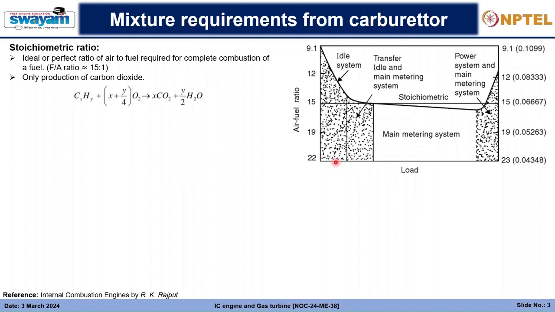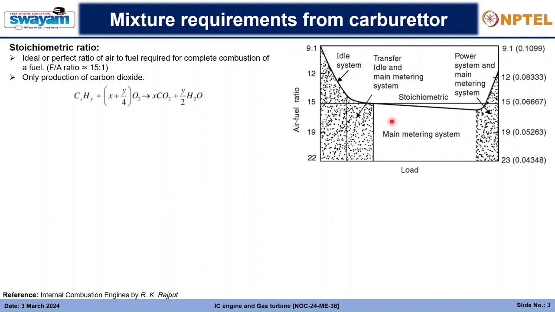So initially, at the idle system, the load is very less, and still we need a very high fuel air ratio or low air fuel ratio. Means the fuel content will be higher. When the load is increasing, there is a transfer from idle to the main metering system.